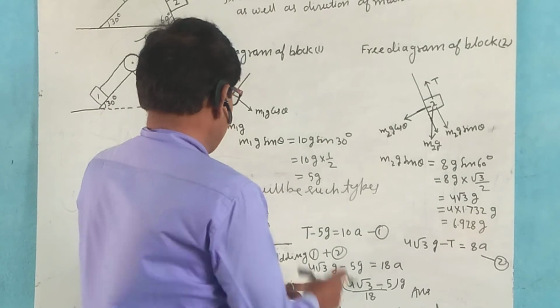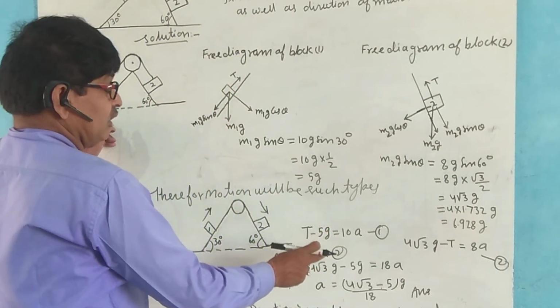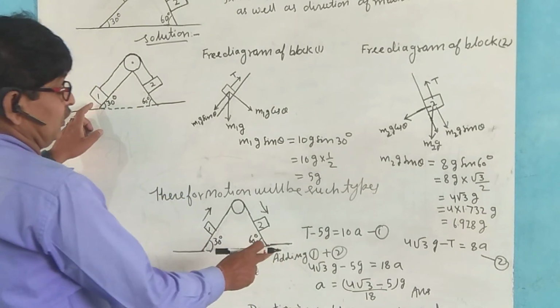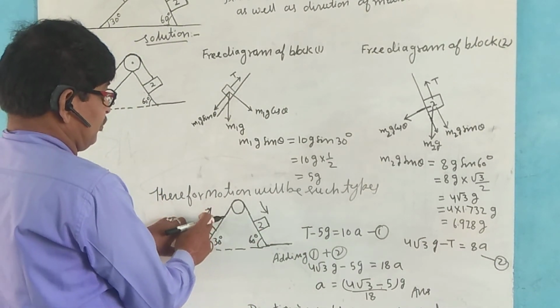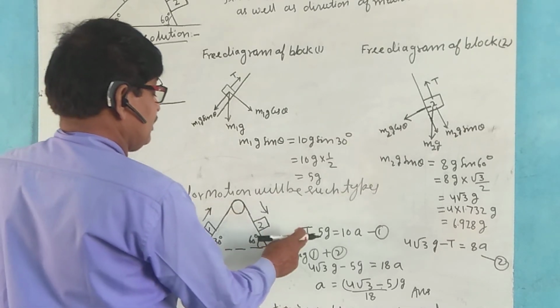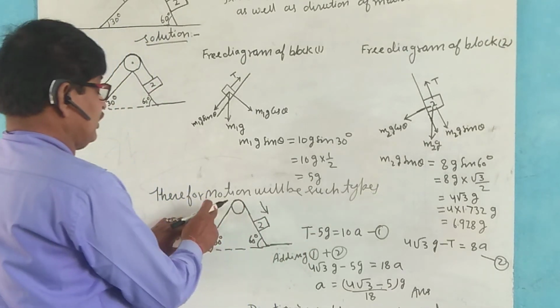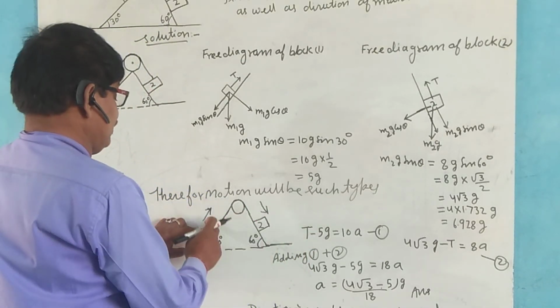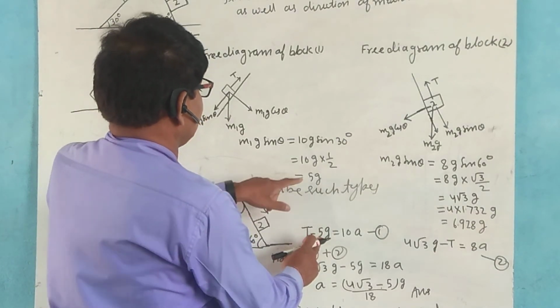Now we calculate the force here. This block moves toward this, so that T minus 5g here.